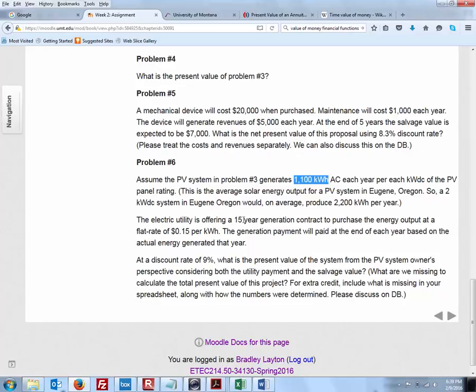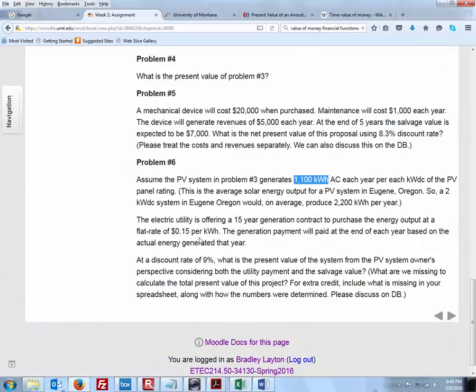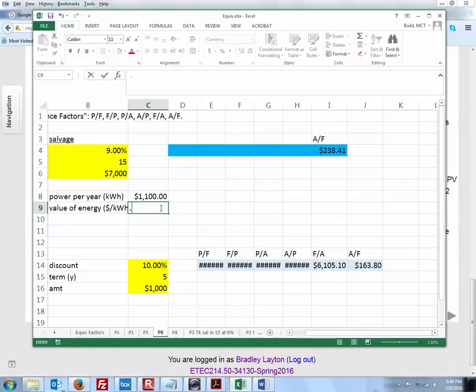The electric utility is offering a 15-year generation contract to purchase the energy output at a rate of 15 cents per kilowatt hour. Value of energy. This is going to be dollars per kilowatt hour. The answer is 15 cents, 0.15. Okay, so what we don't really know is whether that 15 cents is per year.